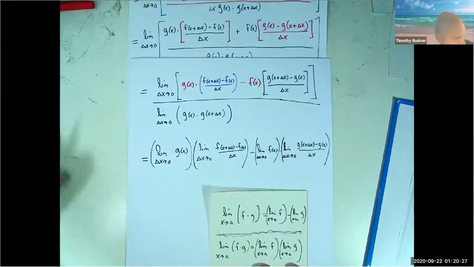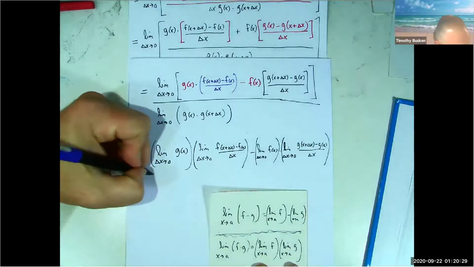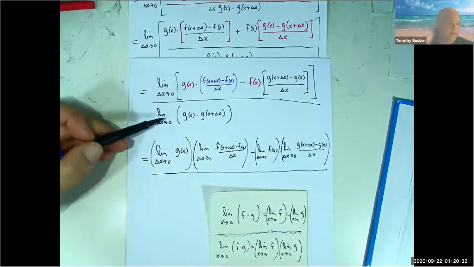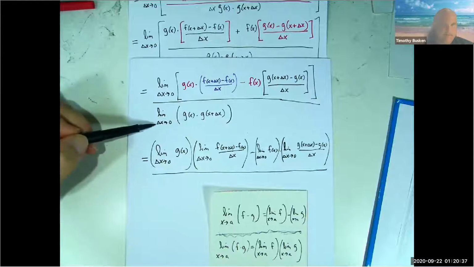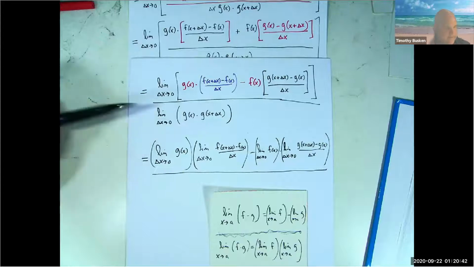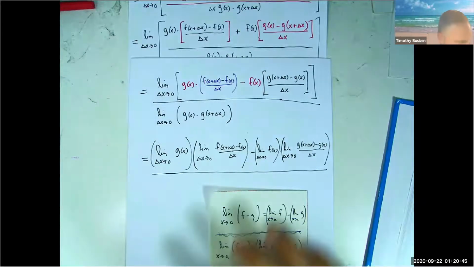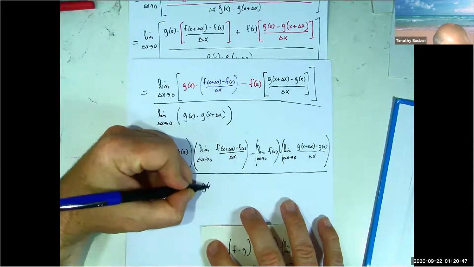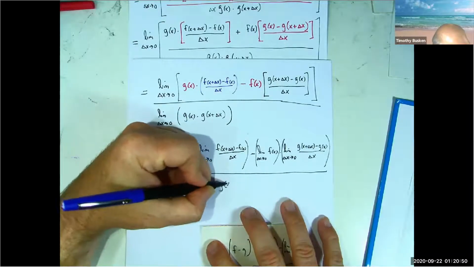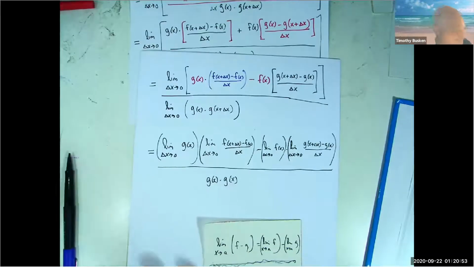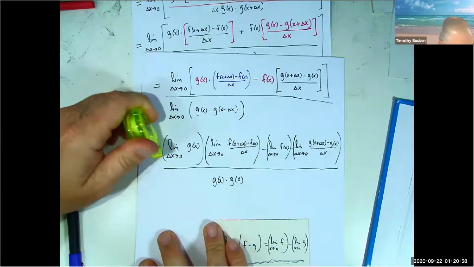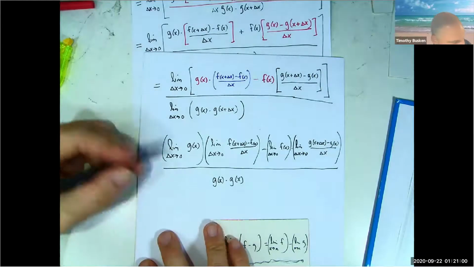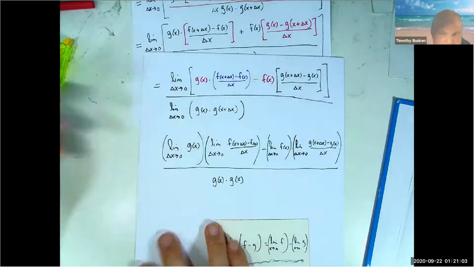And all I did was rewrite the numerator. I don't want to forget to rewrite the denominator now. When it comes to the denominator, we can go ahead and evaluate this limit directly just by plugging in 0 for delta x. And that's going to give us g of x times g of x. So we can find that limit with direct substitution.